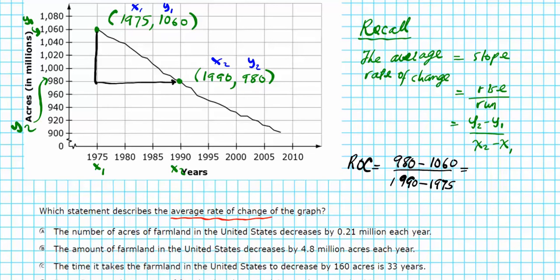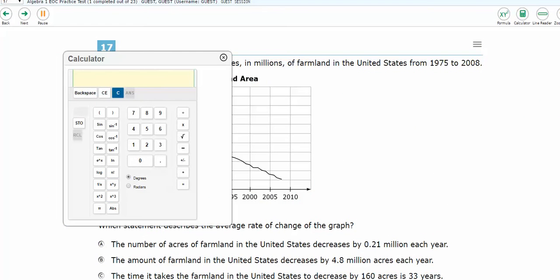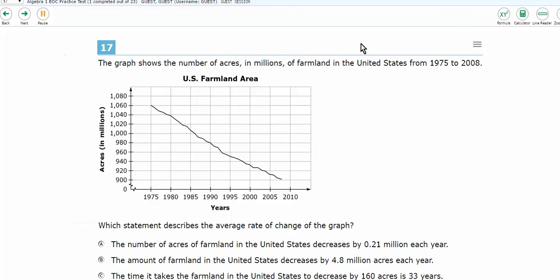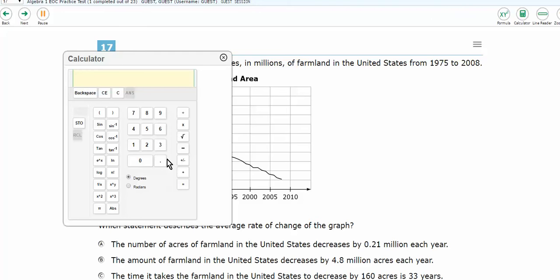So you can power up your calculators here. I'm going to be making use of the calculator that's provided for you on the testing program. If you click on the calculator here, this nice little calculator shows up. All right, so let's do y2 minus y1. So y2 is 980 minus y1, which is 1060.